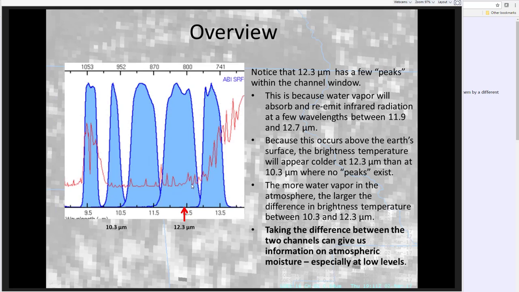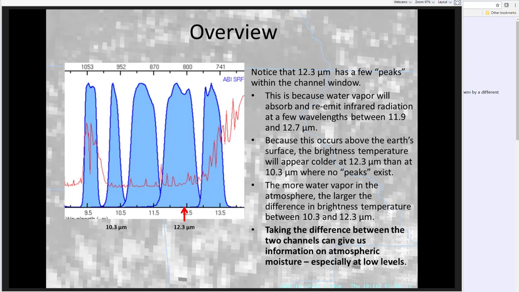there are areas where water vapor will absorb the IR and then re-emit it back to the atmosphere. So if you have a lot of low-level moisture, more of that moisture will get absorbed and re-emitted back up to the satellite at a different temperature. That's why it's considered a dirty IR channel: the more moisture there is, the more that's re-emitted from a higher level in the atmosphere, compared to the 10.3, which has almost no reabsorption by water vapor or any other atmospheric constituent.